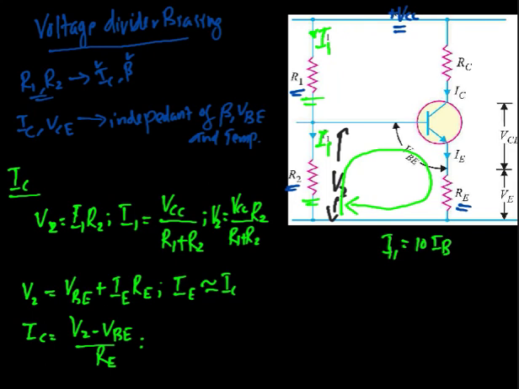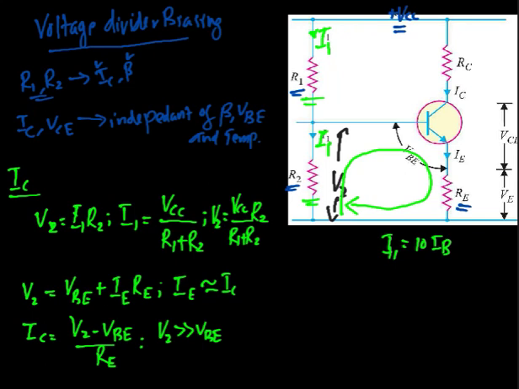Then we have VBE, but we know that V2 is very much greater than VBE, because VBE is less than 1 volt for almost all transistors, but the value of V2 will come around to be VCC by R1 plus R2 into R2. It is of the order of a few volts, around 30 to 40% of VCC will drop across R2.